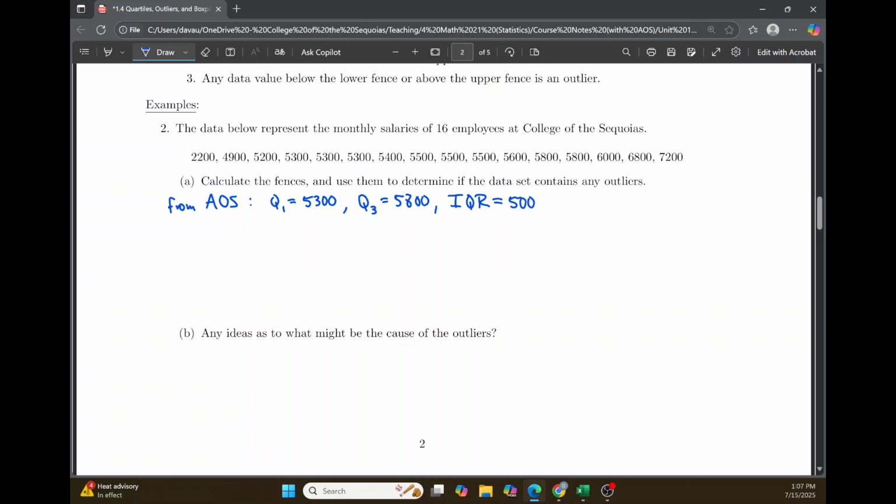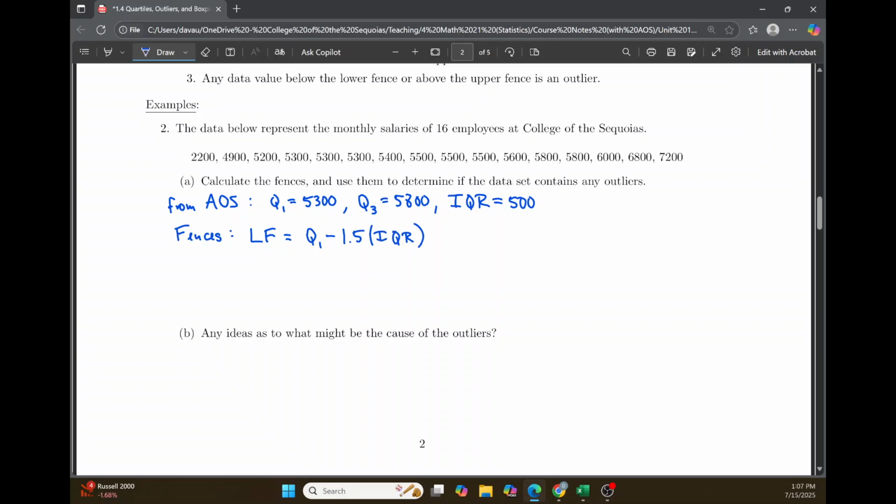Okay, so then as far as the fences are concerned, now we're going to have to do those calculations ourselves. So lower fence is Q1 minus 1.5 times IQR. And again, I would like for you to show your work this way.